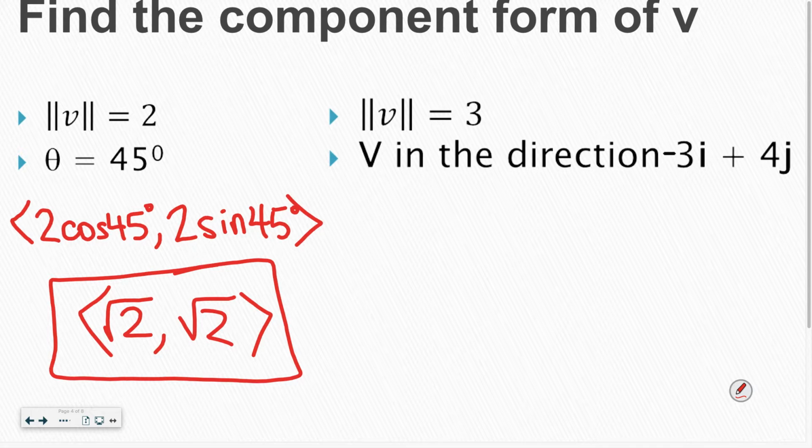Okay. I'm saying that our vector v is in the direction of this guy right here. So what do we need to find? What? Yeah, the angle. So I'm going to give you a moment to, at your table, come up with what you think the angle of this vector is.